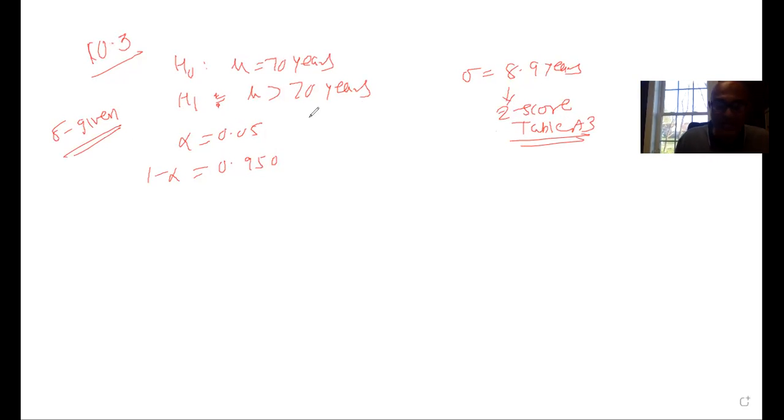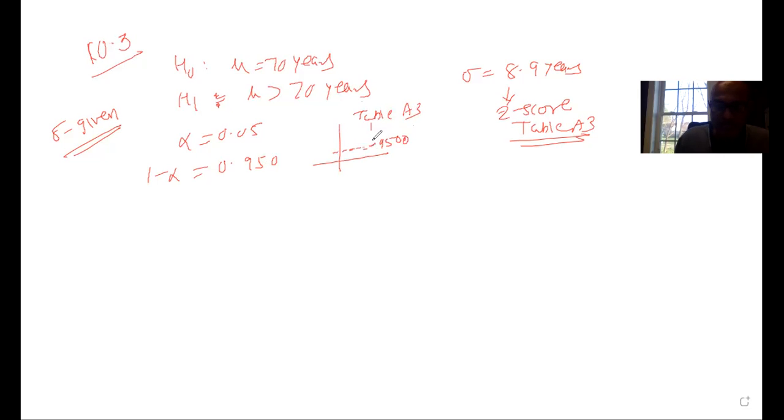If you find this 0.950 on table A3, it will lie somewhere over here in the table.